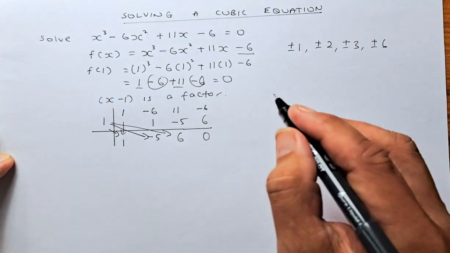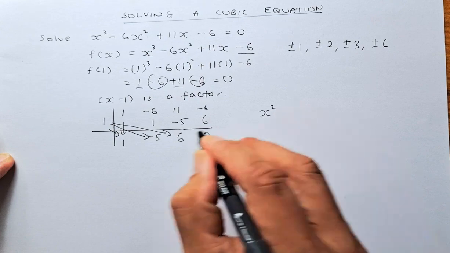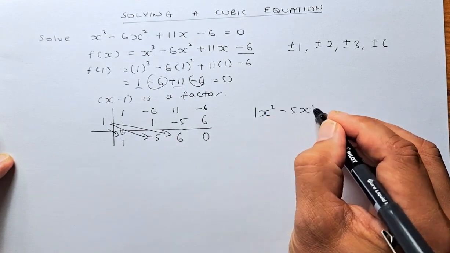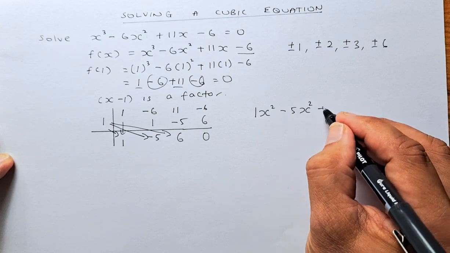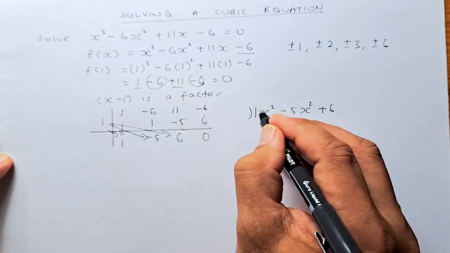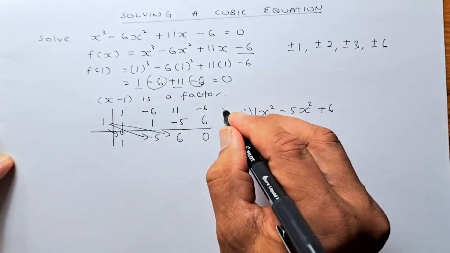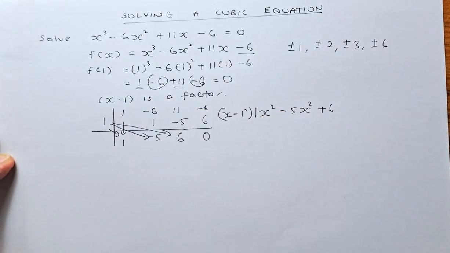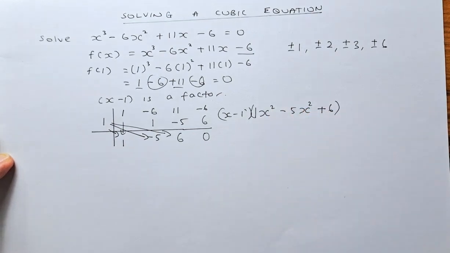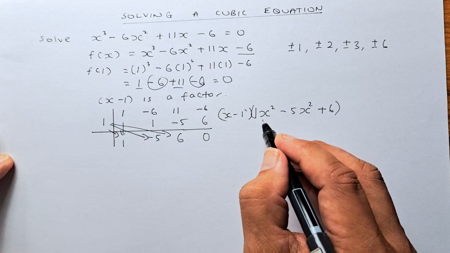So the quadratic is going to be 1x squared minus 5x plus 6. And initially, your first factor was x minus 1, so we're going to put x minus 1 there. Okay? So this is a quadratic and a linear. Now we are going to factorize this.